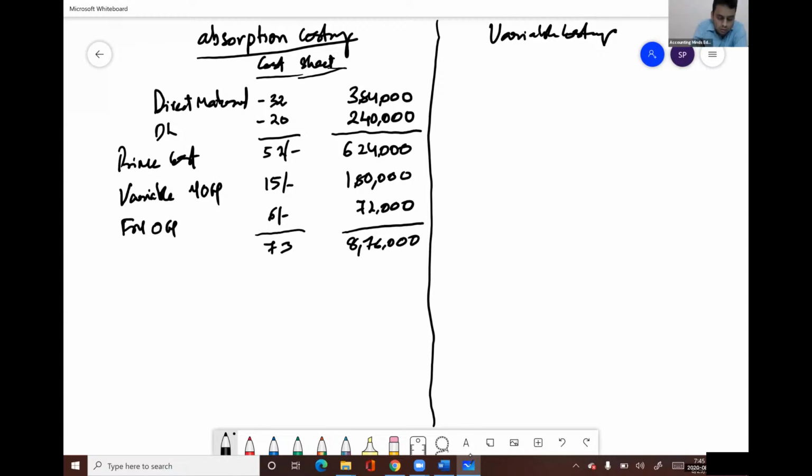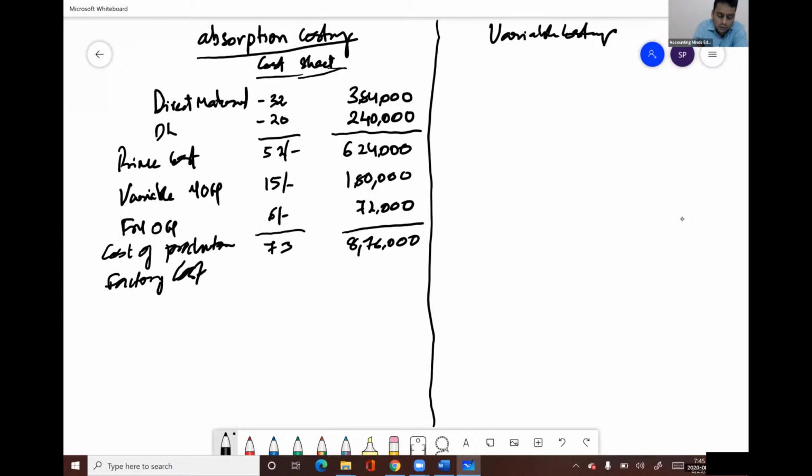So net factory cost, or cost of production, or factory cost.